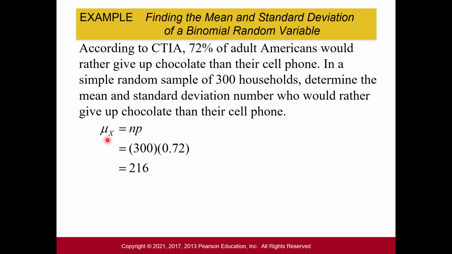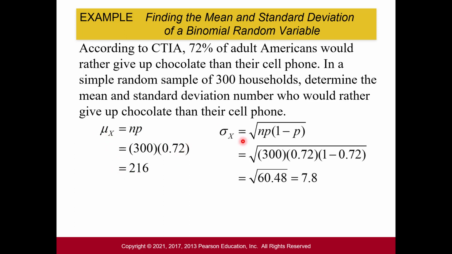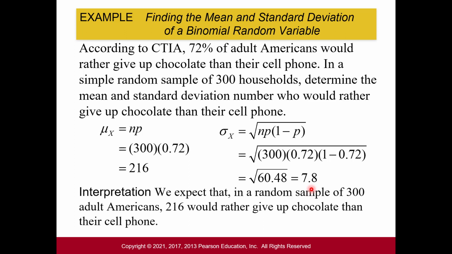And so mu sub x, or our mean, is 216. Our standard deviation is going to be the square root of n, which is 300, times p, 0.72, and then the complement of p, which is just 1 minus 0.72. Do the subtraction first, and then multiply all three of these values, take their square root, and you get 7.8. And so we can interpret this and say we expect that in a random sample of 300 adult Americans, 216 would rather give up chocolate than their cell phone.